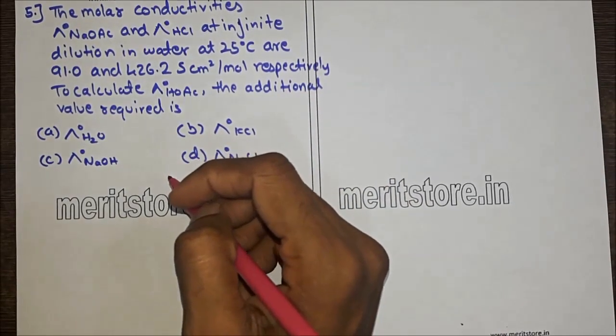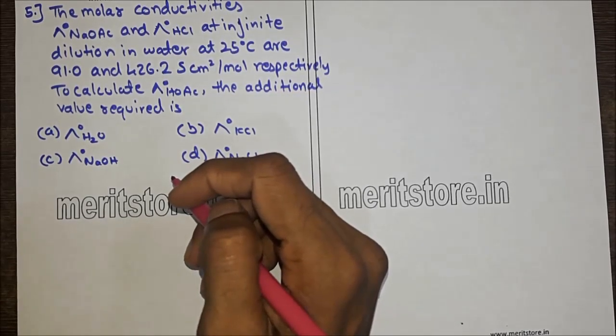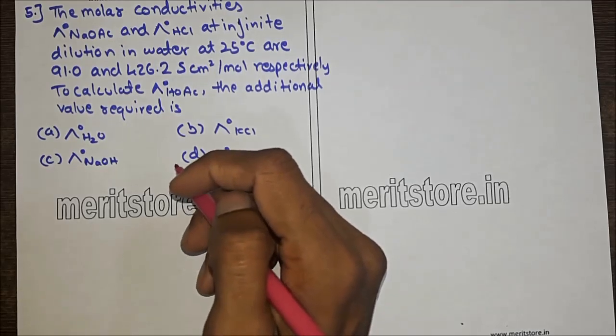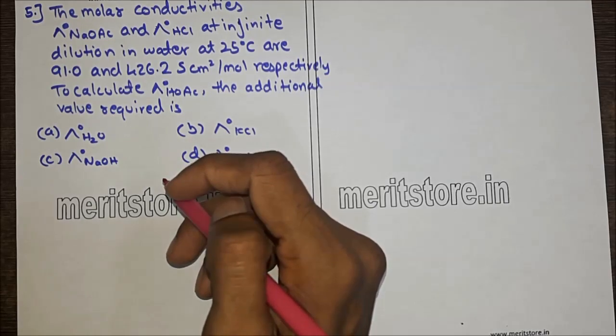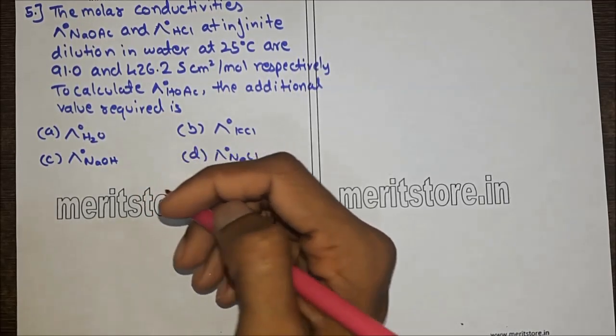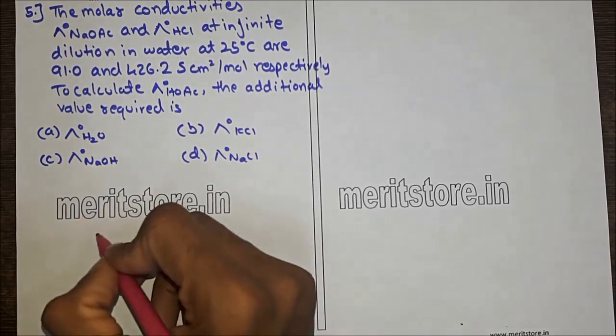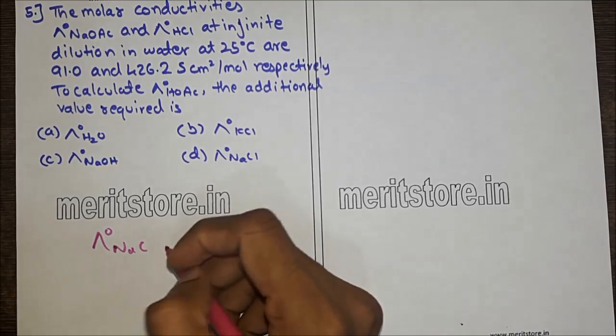According to Kohlrausch's law, the molar conductivity of an electrolyte at infinite dilution is the sum of the conductivities of its ions. Therefore, to obtain the acetic acid value from the conductivity of sodium acetate and HCl, the conductivity value of NaCl is also needed.